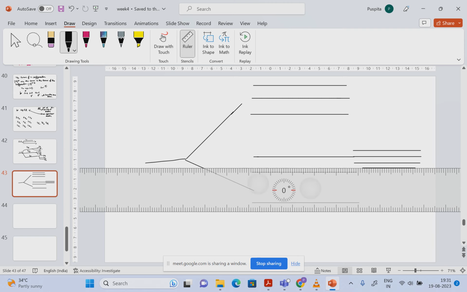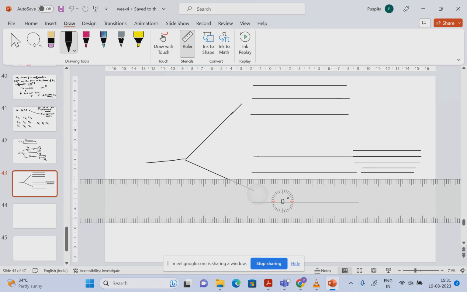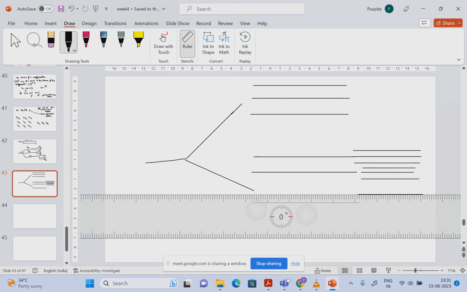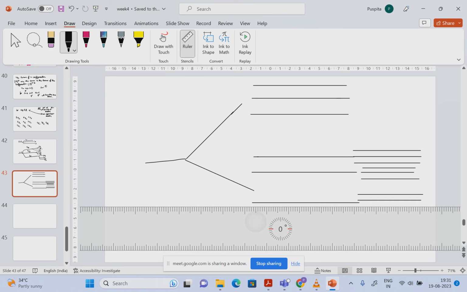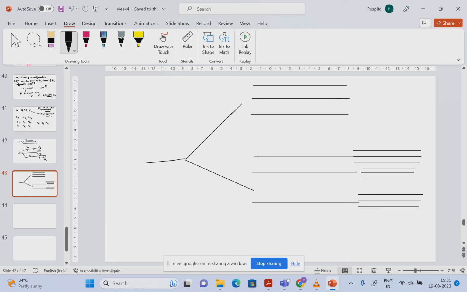And draw it like so. That is 4P4D. This is the S is equal to 0 line.